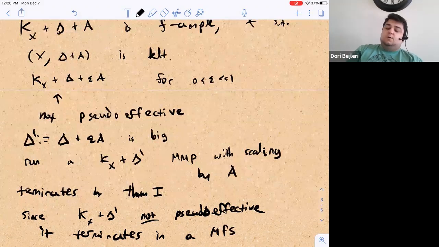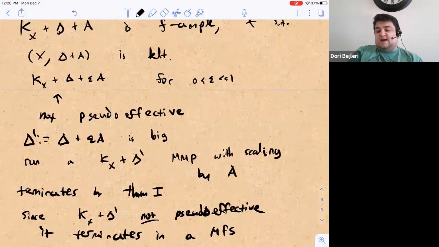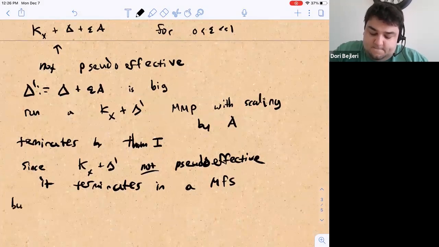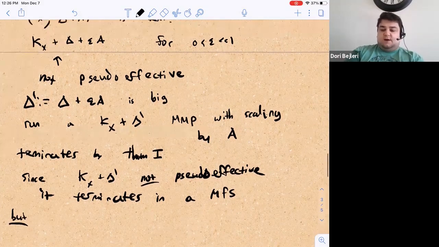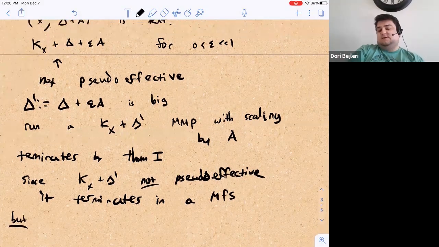But now the point is that this kx plus delta prime MMP was actually also a kx plus delta MMP. And the reason for this is that we know that A is ample. So when we add this epsilon A to our boundary divisor, when we look at kx plus delta plus epsilon A, if we have any curves that are negative for kx plus delta plus epsilon A, well, the A part is strictly positive.